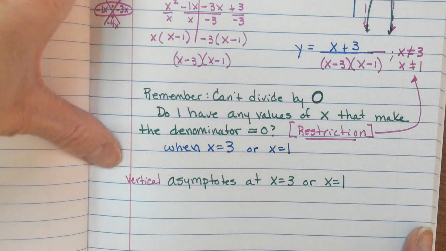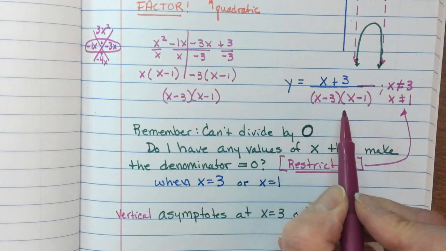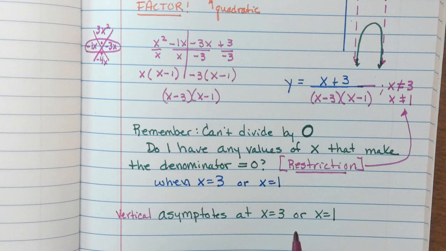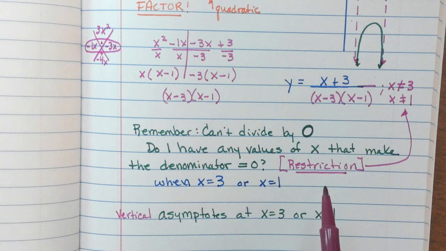That's a vertical asymptote. Now, when I'm looking at this function, there is nothing that I can simplify. So that would mean that that's all that I can do with that particular function as far as graphing it goes. We will talk about horizontal asymptotes in another video, and we'll also talk about how to simplify rational functions in another video.